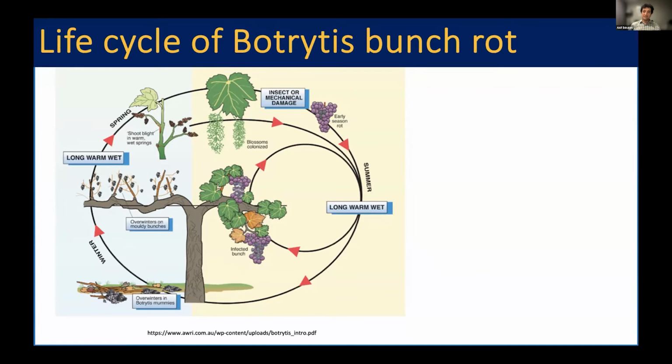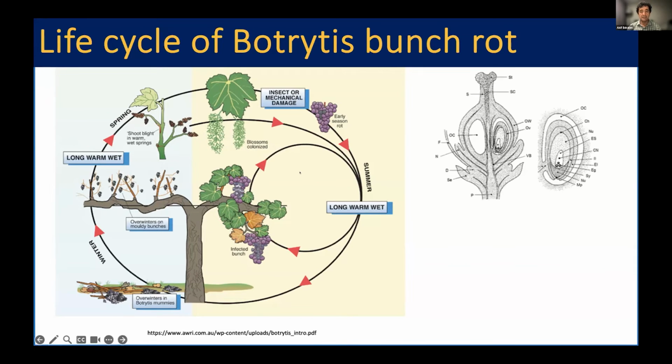Most of the infestation comes when the Brix level starts getting higher than 8, and then, as you can see, the cycle continues in that area. So because of this spring infection and also the later cluster infection, we do multiple applications to prevent these pathogens.